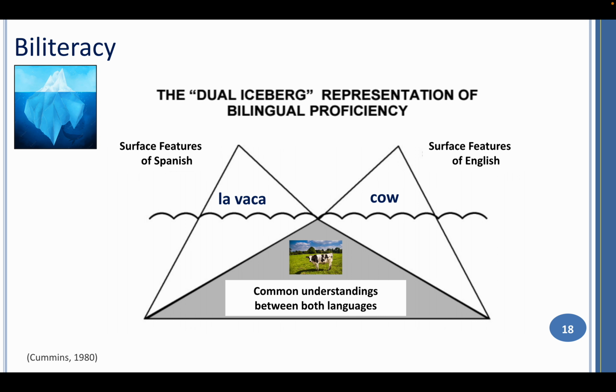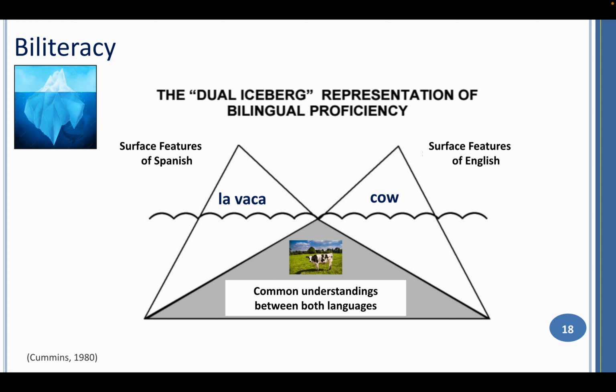Let's imagine an iceberg. We know that the part of the iceberg that we see above the surface of the water is only a small part. Underneath the water is a much larger part of the iceberg. In this figure, the part of the iceberg that's below the surface of the water represents the common knowledge that crosses languages.